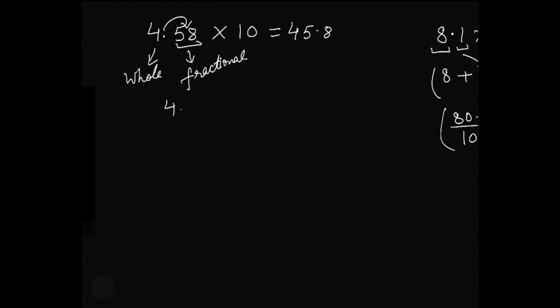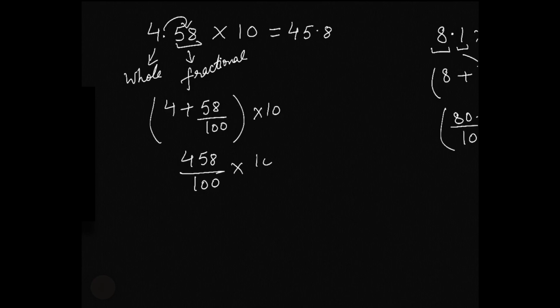So this is 4 plus 58 by 100, because 2 decimal places means hundredth part, 58 out of 100 parts, into 10. So let's solve this part first. This will be 458 by 100 into 10.